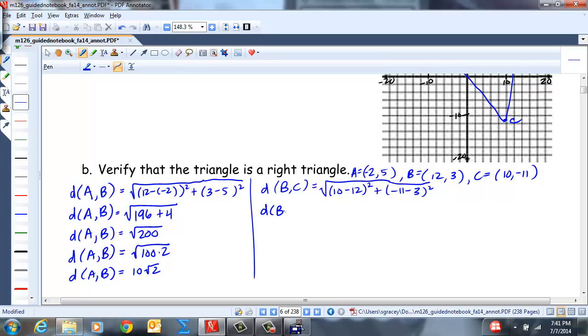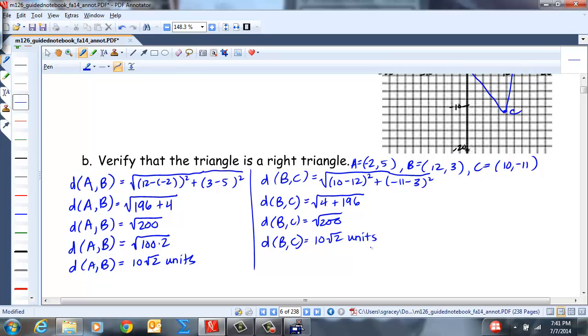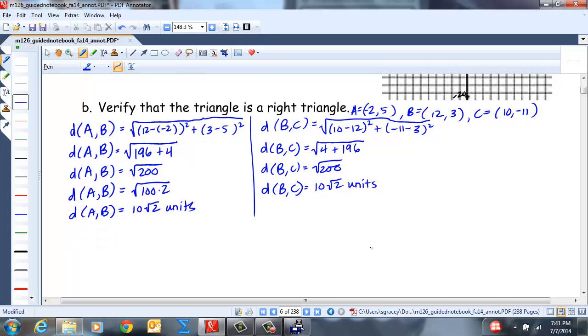So the distance between points B and C is, we'll get -2, and then -2 squared is 4, and over here we'll get -14, and -14 squared is 196. So do you see we're going to get the same result? This is √200, which we showed before is equal to 10 √2. And these are in linear units.